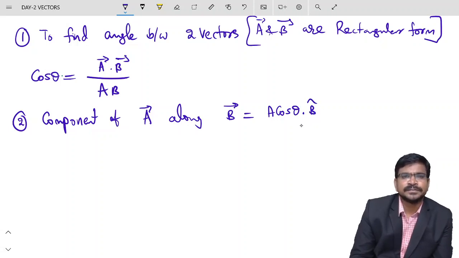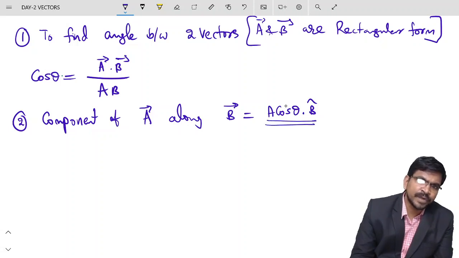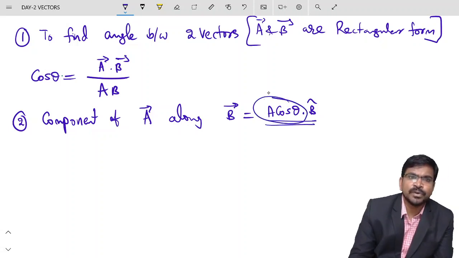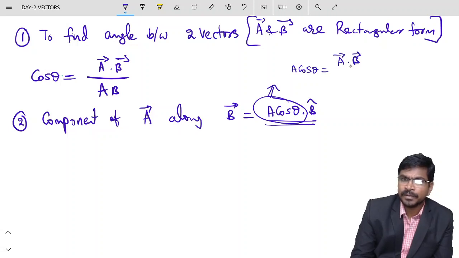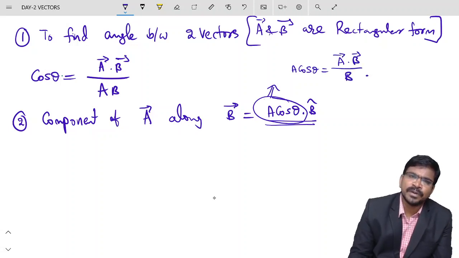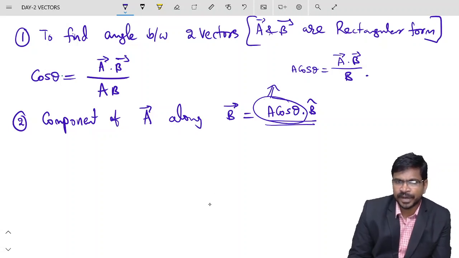That's it. Component of A along B. So A cos theta is what? A dot B by B. So in that case also we will apply it. To find A cos theta, you should go here only. A cos theta is equal to, again, A dot B by B. Simple. Right? This is the way to find it.